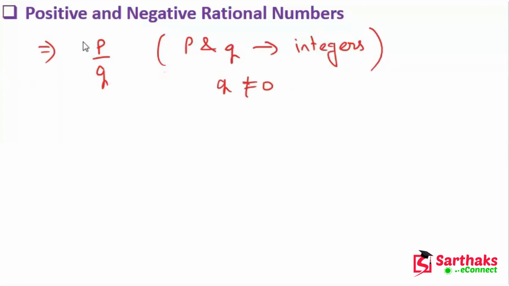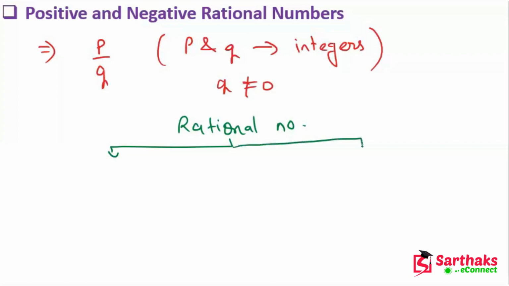Rational numbers are also divided into some parts. Let's suppose this is rational numbers and it is divided into two parts: first is integers and second is non-integers.